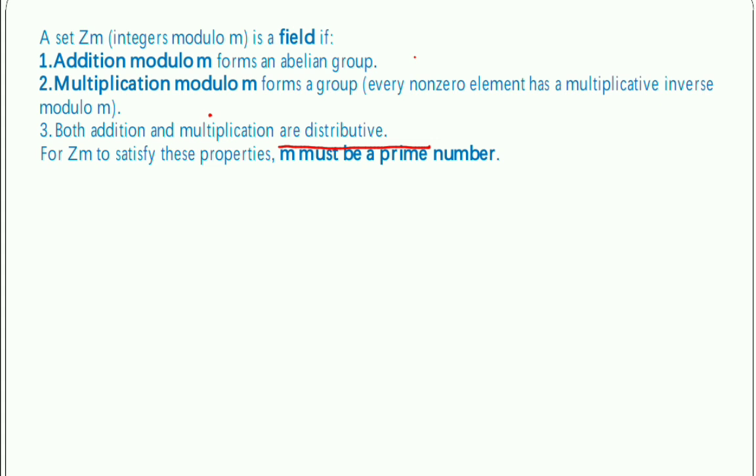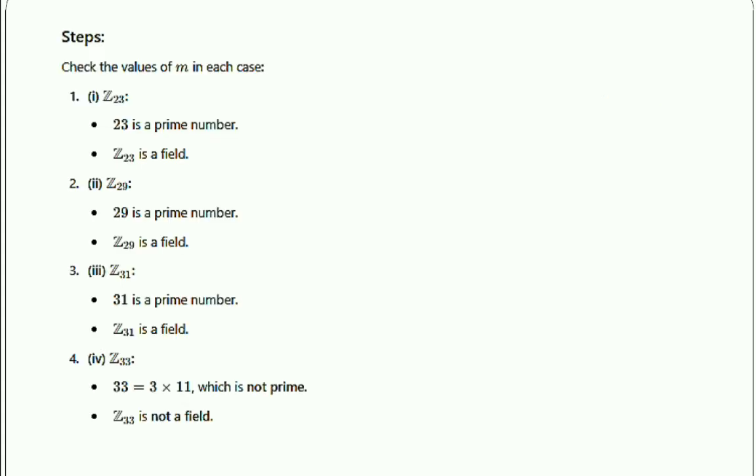So we will solve each option in the given question. Z23: 23 is a prime number, so it is a field. Whatever the value here, it must be a prime number, and it must satisfy addition modulo m and multiplication modulo m.